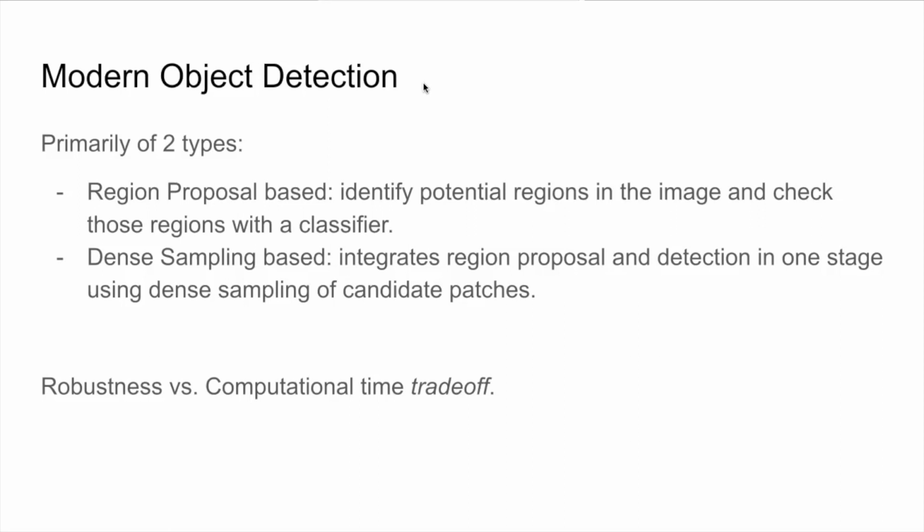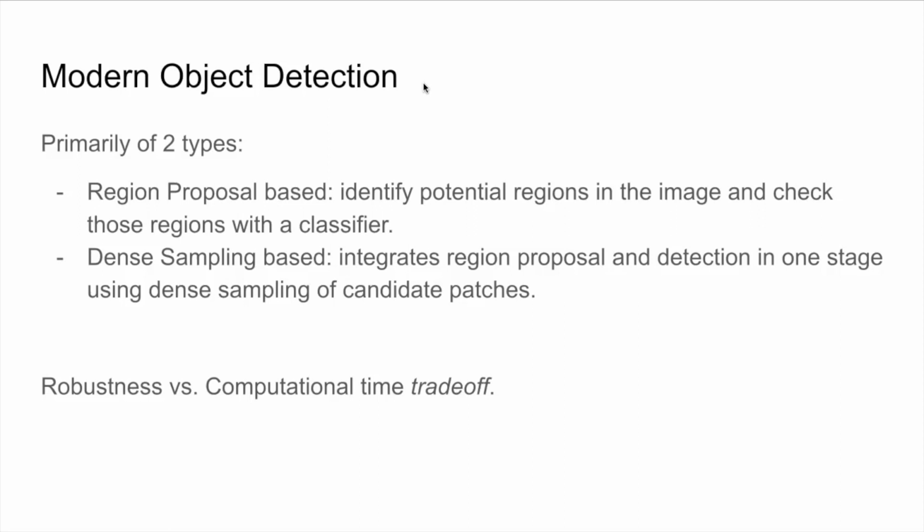Dense sampling integrates region proposal and detection in one stage using dense sampling of candidate patches. It will integrate both the region proposal and detection, so that the optimization function that we solve covers both.